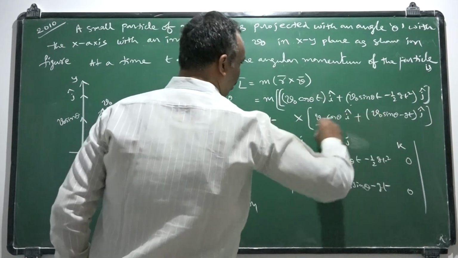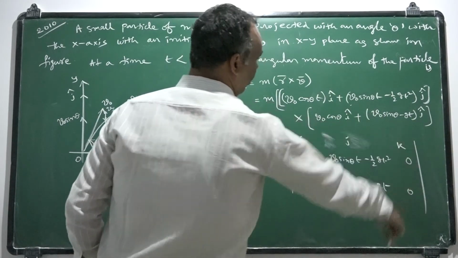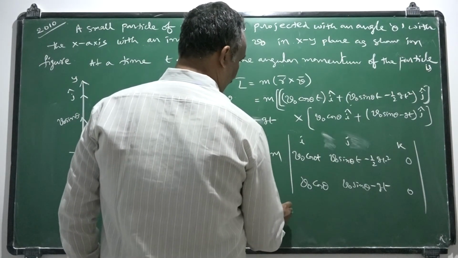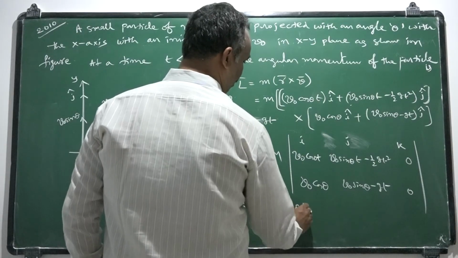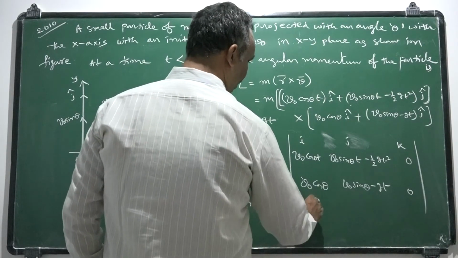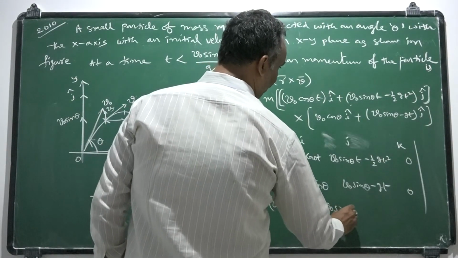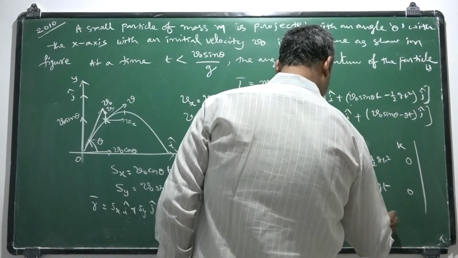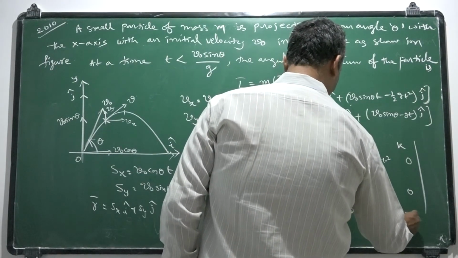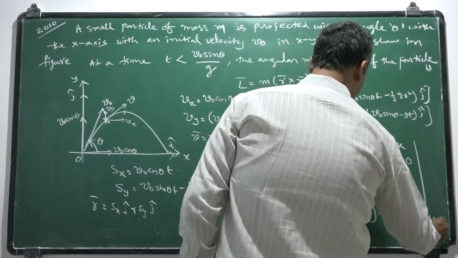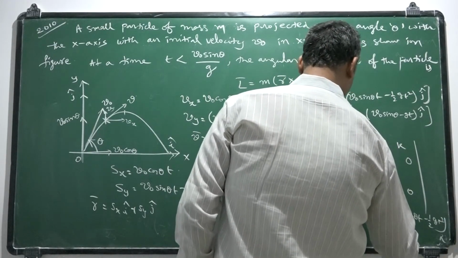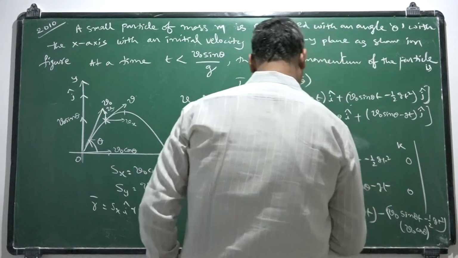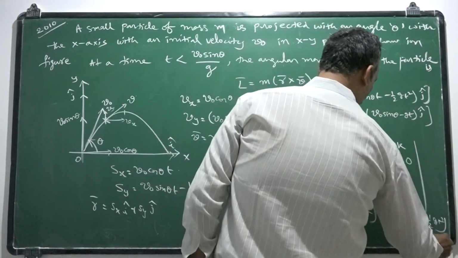So taking the first row and second column entries into consideration, you will get v naught cos theta into t into v naught sin theta minus g t, minus v naught sin theta into t minus half g t square into v naught cos theta, whole k cap.